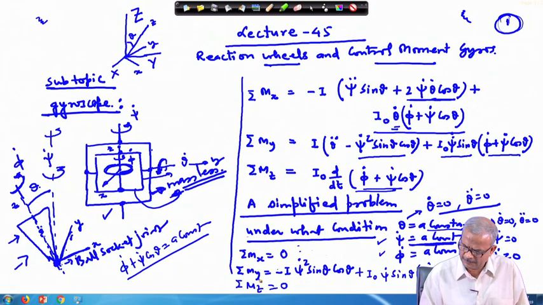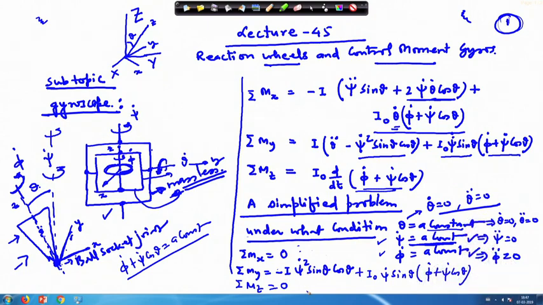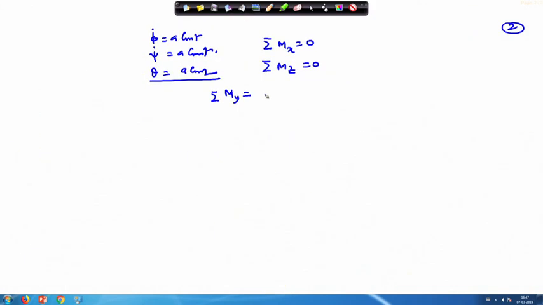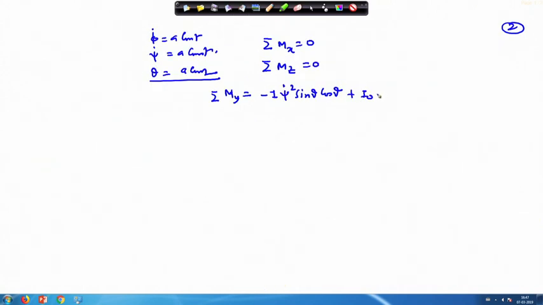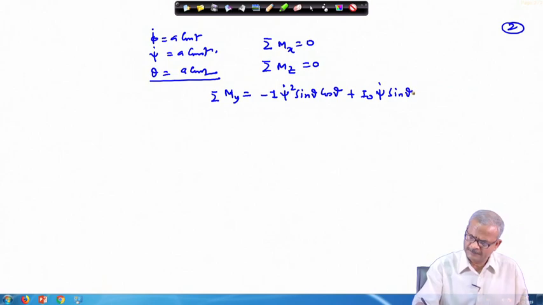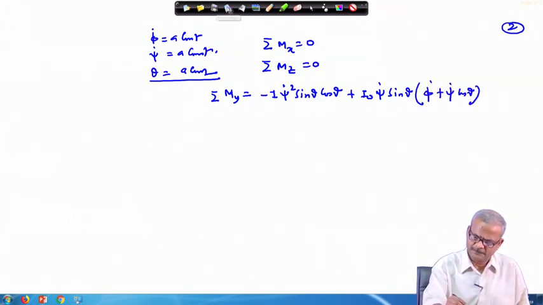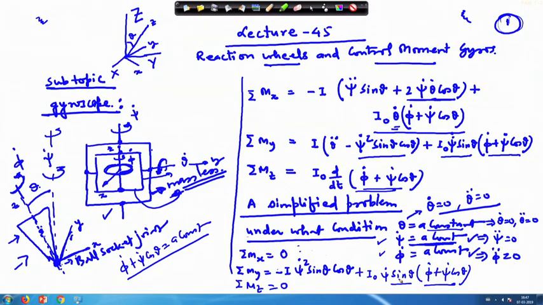This is the net torque along the y axis: minus I times psi dot square sin theta into cos theta plus I 0 psi dot sin theta times phi dot plus psi dot cos theta, this particular part.